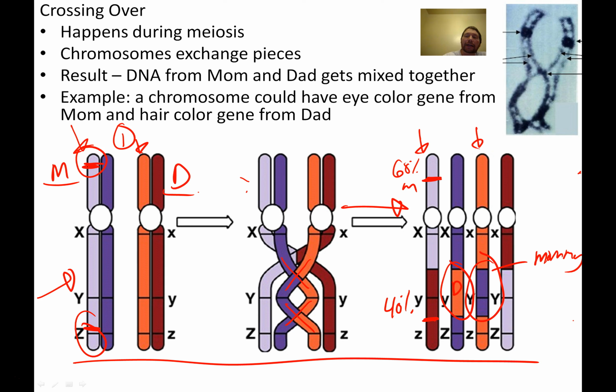So if you look at this one here, this gene up here is still there, but down here, now we're talking about the gene we got from daddy. They got separated because these two genes are so far from each other. So that's crossing over. That's the mixing of the chromosomes together. It makes it so genes that are closer together on the same chromosome are more likely to be linked. Genes that are further apart from each other on the same chromosome are less likely to be linked.